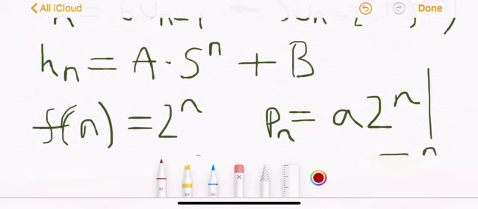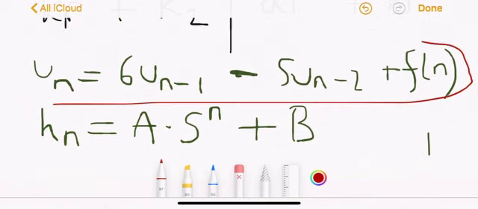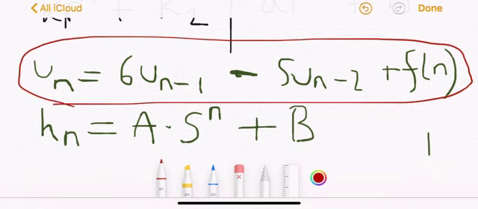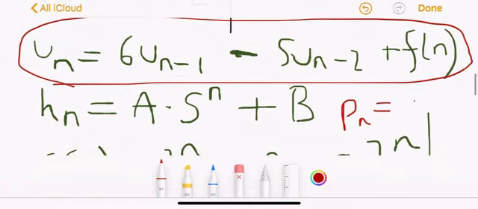So what we're going to do is take this relationship and substitute p_n equals a 2 to the n into that relationship. So let's think about what that's going to give us.